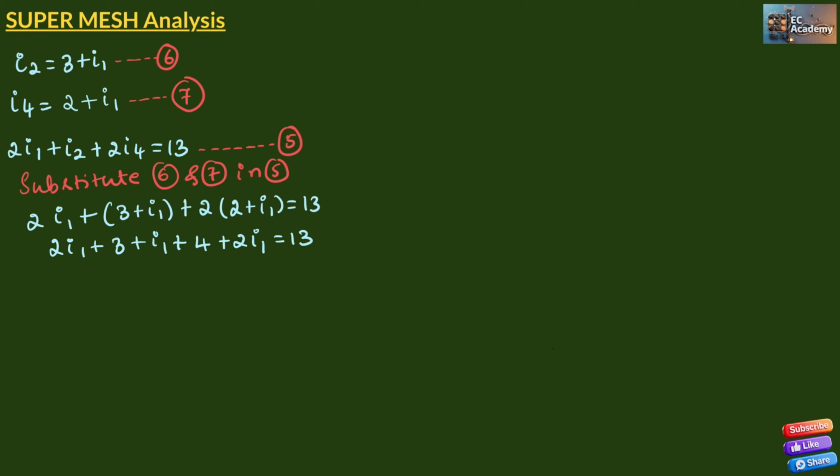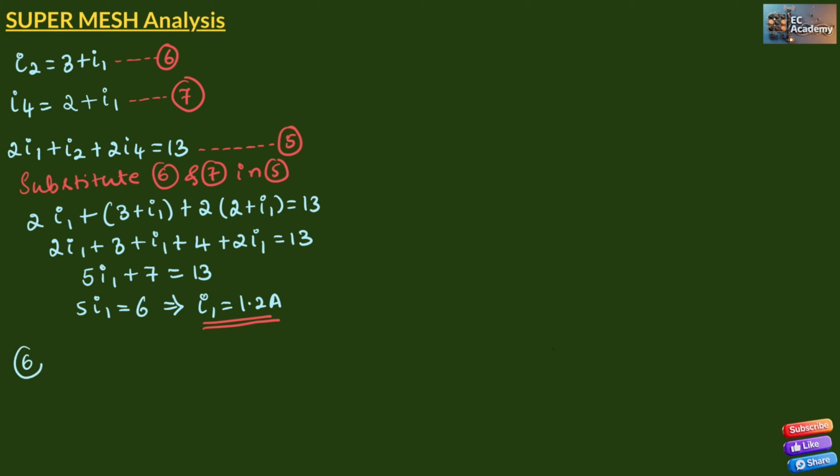So let us group I1 term. So it will be equal to 5I1 plus 7 is equal to 13. So 5I1 is equal to 6. So from this we can say I1 is equal to 1.2 amperes.